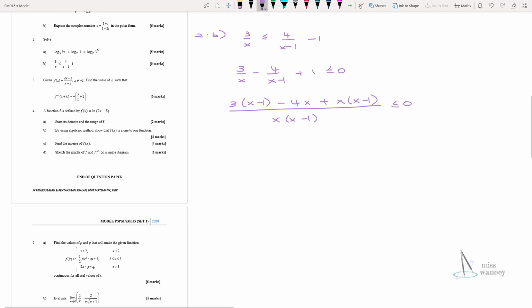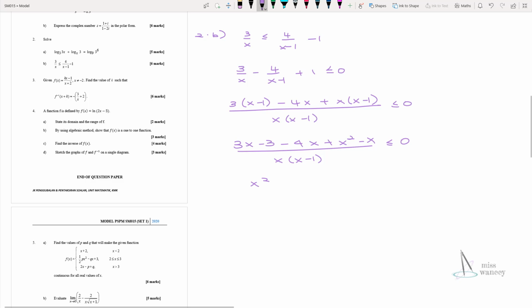So let us simplify our numerator. So we got 3x minus 3 minus 4x plus x squared minus with x over x minus 1 less than or equal to 0. Okay, so let me simplify.